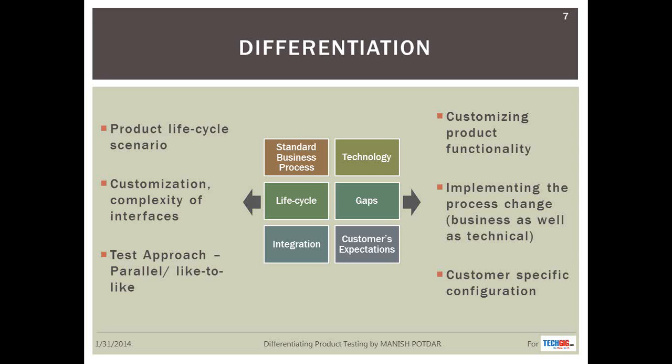So logically, the life cycle of a product would be either implementation, or multi-geography rollouts, or an upgrade, technical, version or functional, or BAU maintenance. And testing for each life cycle is different. If I'm testing a whole new implementation for the first time, and the bank doesn't have any such experience earlier, the focus is more on the core business process of the product, and testing the bank's specific parameters and configuration.